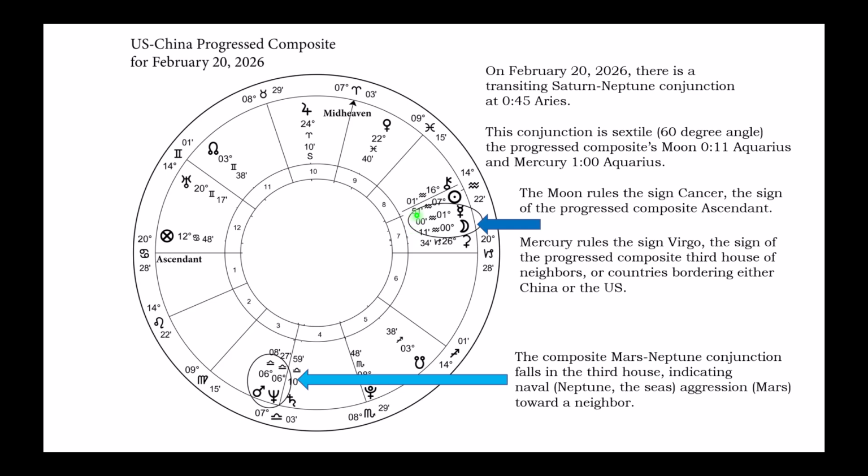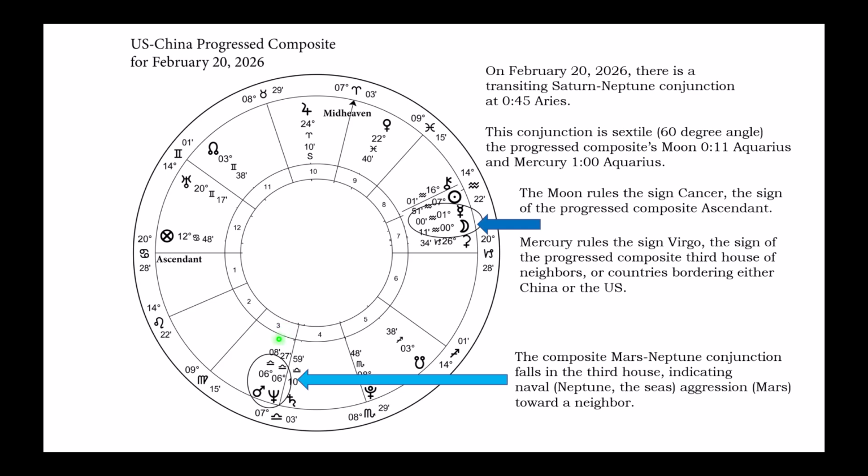The sextile aspect also has correspondences to the third house. Cancer Moon rules the ascendant. An incident involving allies of either country, which are in close proximity or share borders with either the U.S. or China, could result in aggression.